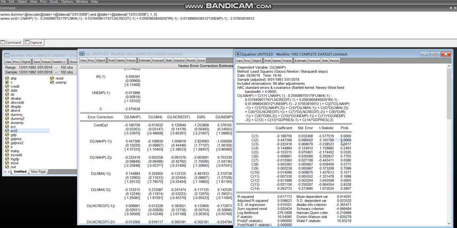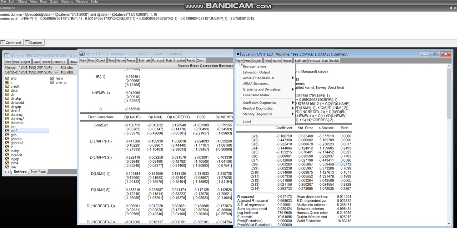One thing you can do for your essay, by the way, when you're analysing this, just to show that you know what you're doing, is to use a Wald test in order to show that these are insignificant in the short run in explaining the variations of your dependent variable, which in my case is the average house price.